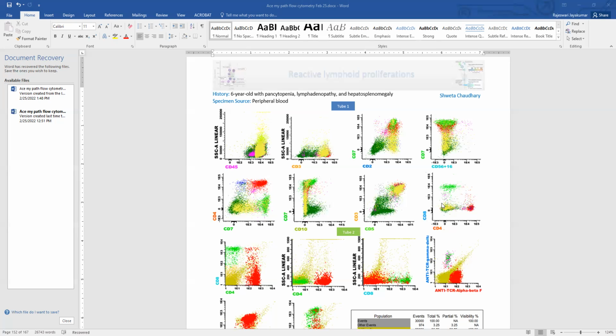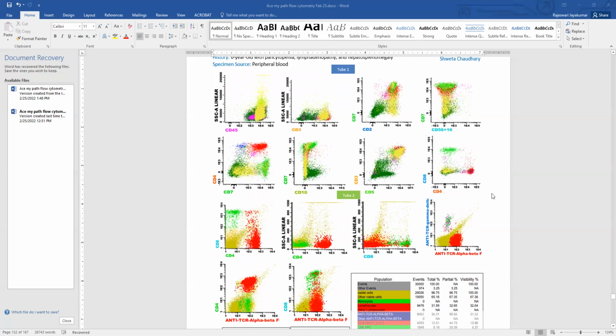And the criteria is that these double negative alpha beta T cells should be greater than 1.5% of all lymphocytes, and at least greater than 2.5% of T cells. So let's see if these are, number one, expressing all alpha beta, and number two, if they satisfy the number criteria.